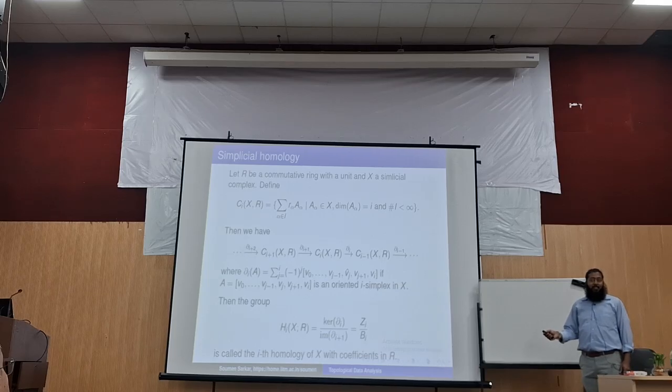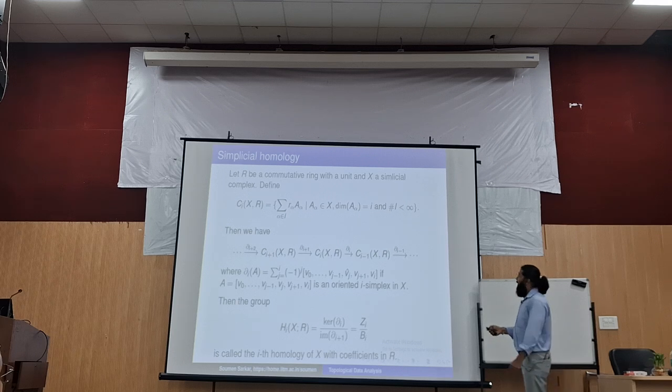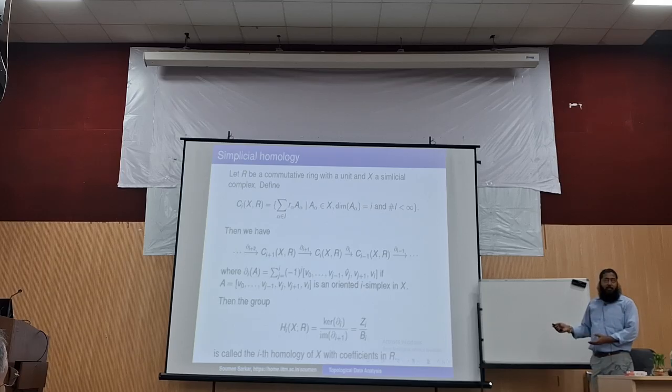Okay? Is it okay? The definition of the i-th homology group. X is a simplicial complex, and then we have this chain complex. The chain complex is generated by the i-dimensional simplices.